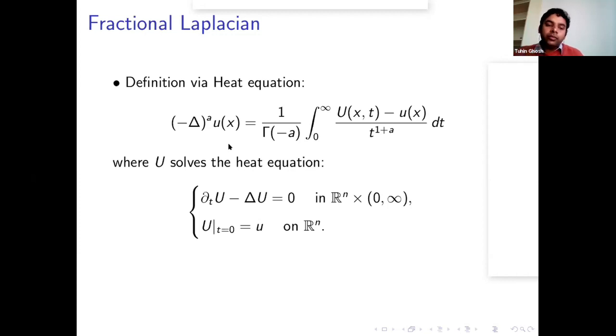So even if u is compactly supported, so outside a compact set the small u is 0, when you solve the heat equation this capital U is non-zero everywhere. Moreover, you can write down the fundamental solution very explicitly. That's going to be e to the power minus |x|^2 by 4t, and then 1 by t to the power n by 2, and so on. The point is that it's an analytic function.